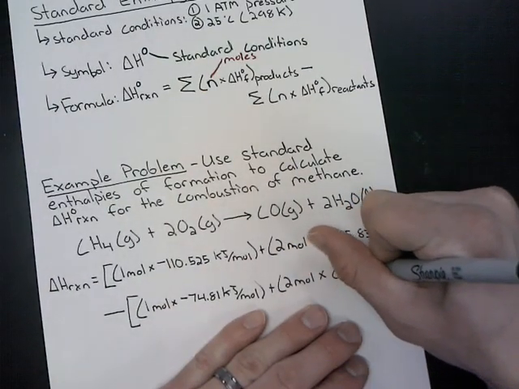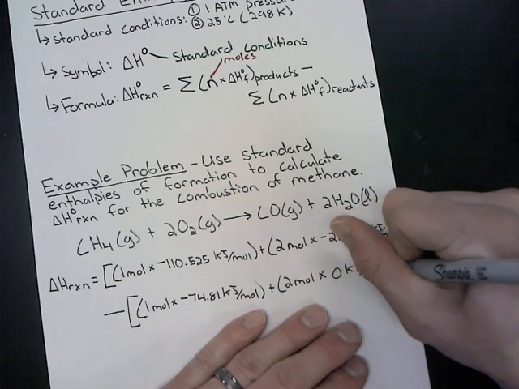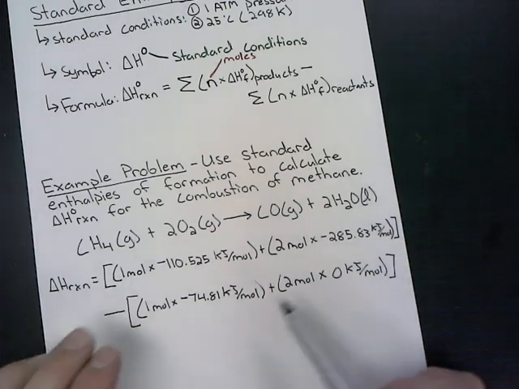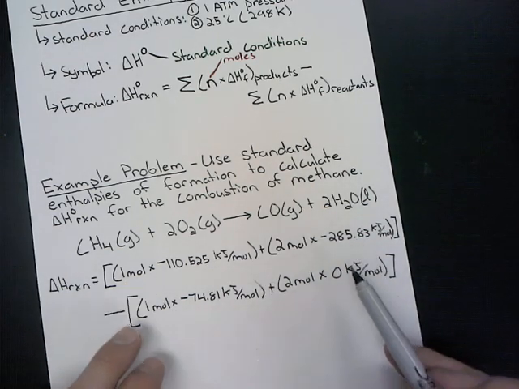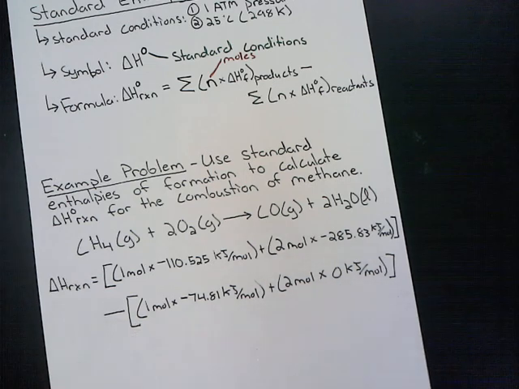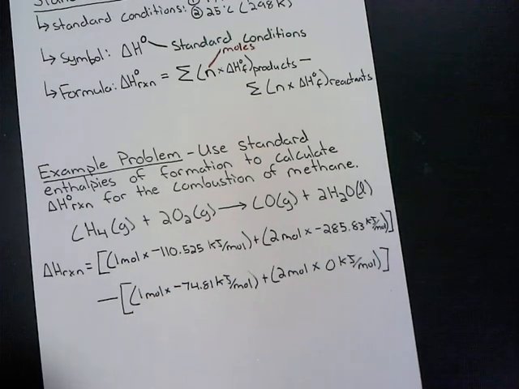So we write down 0 kilojoules per mole. Now, calculations. There are 2 ways to do this. You can add everything in one and then subtract it from everything added together in the bottom, or how I'm going to show you, you can just do it in one simple calculation, but you have to be very, very careful that you put everything into the calculator correctly.